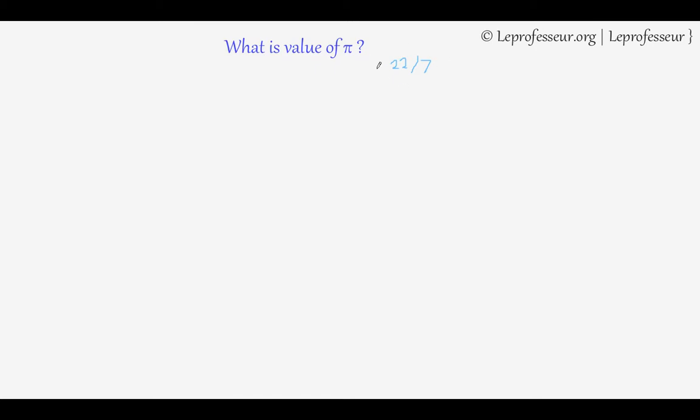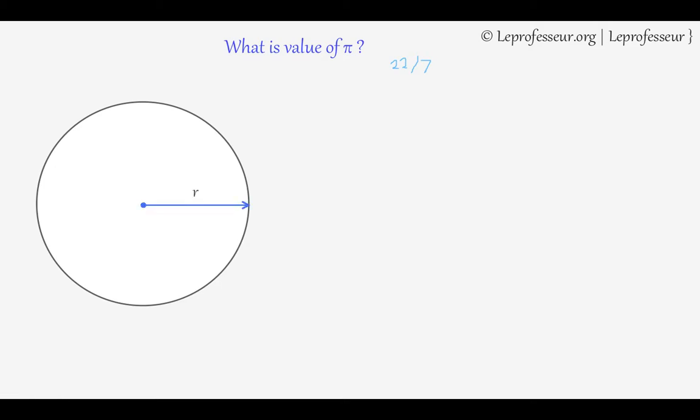Essentially, pi is associated with the circle. If we draw a circle of radius r and try to get the area of the circle, the area is pi r square, and so pi appears here.